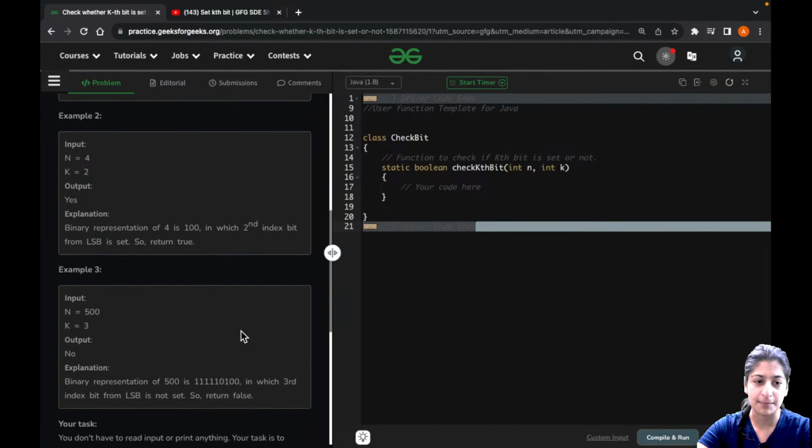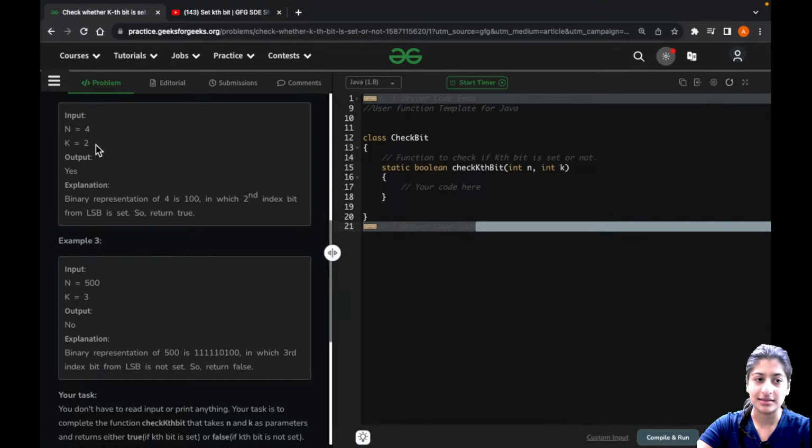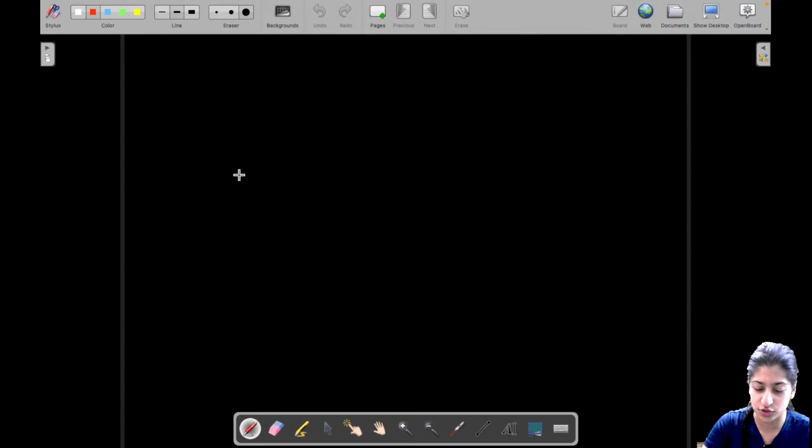So let's have some examples. Let's take this where we have n as 4 and k as 2. So we have to find, in the binary representation of 4, do we have 1 at the second index of n, starting from the rightmost position? So your n is 4, right?